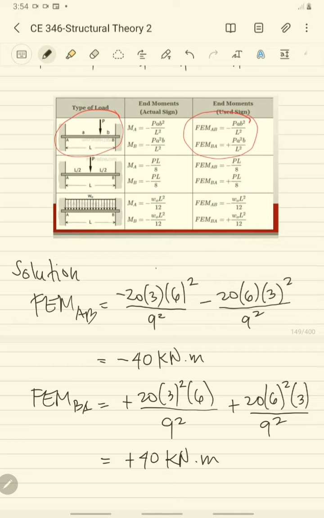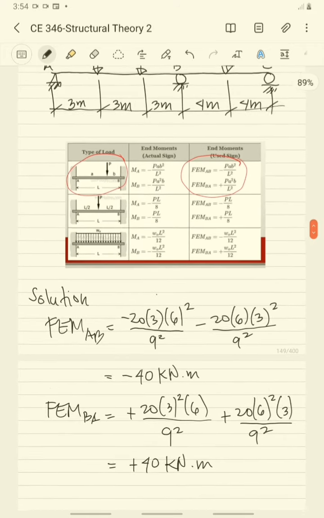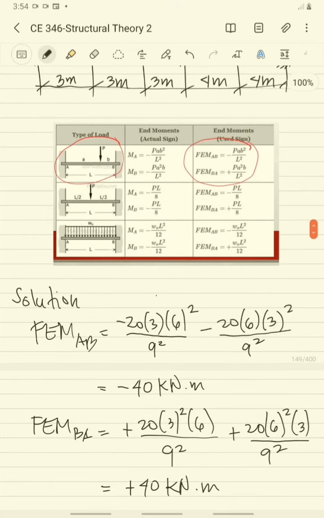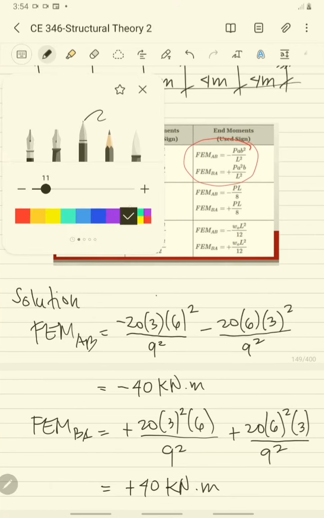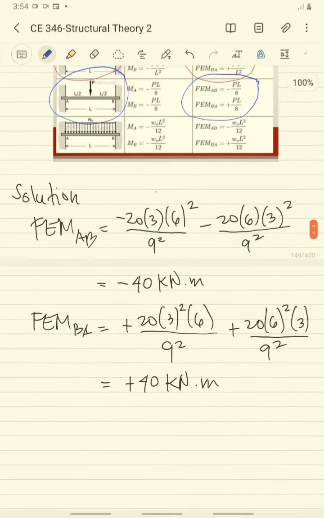For the segment B to C, we have a concentrated load at midspan, so we will use this formula. For the fixed end moment, we have negative PL over 8.